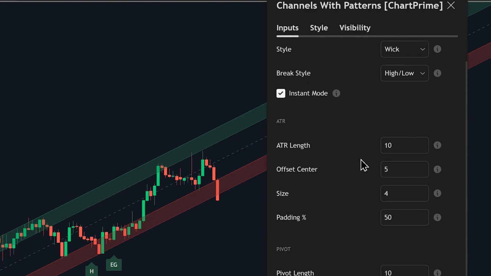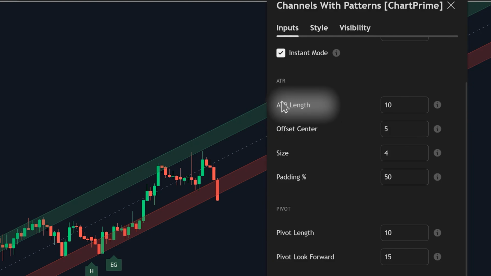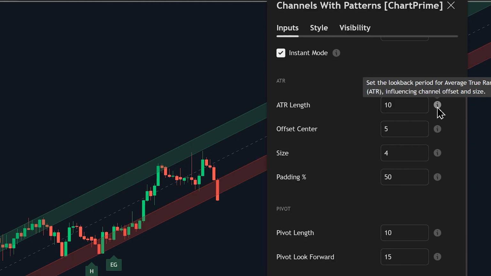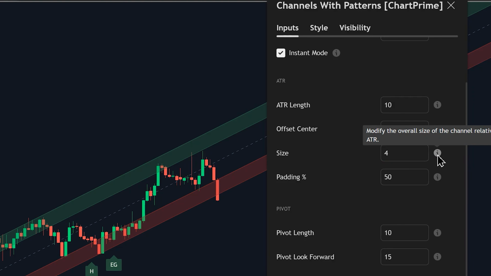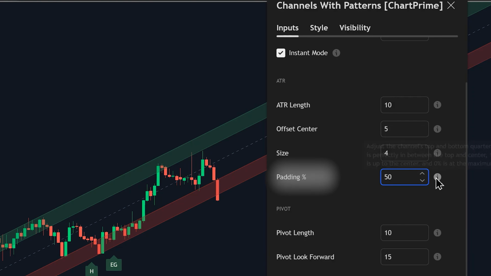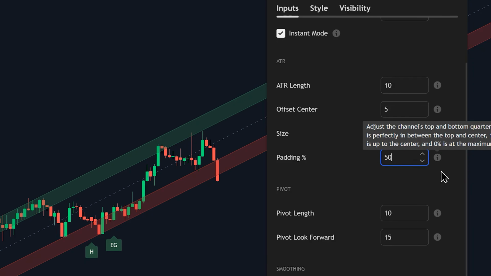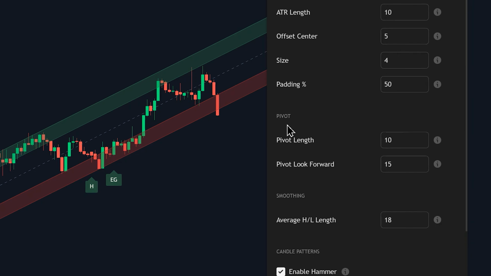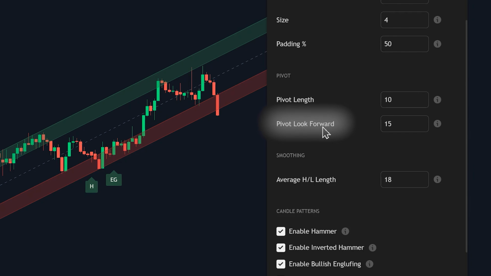Below that, you get into the ATR settings like ATR length, offset center to shift the channel up or down, size to control the channel width based on volatility using an ATR multiplier, and padding percent to adjust the zones near the edges. Next is the pivot section with pivot length and pivot look forward to fine-tune how pivot points are detected.